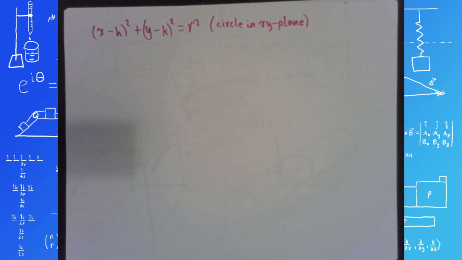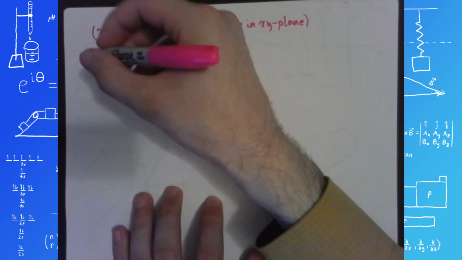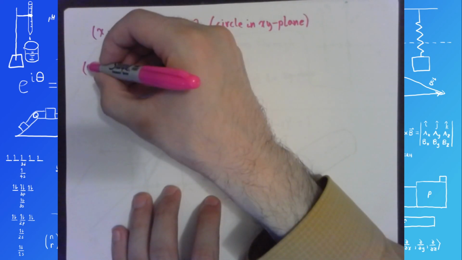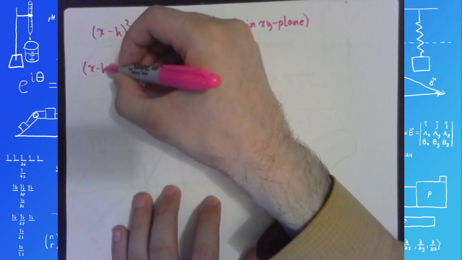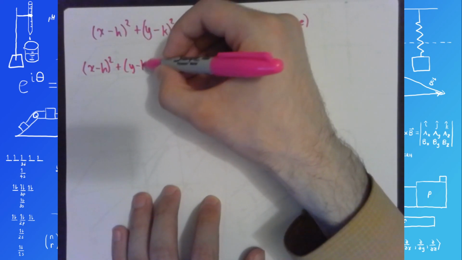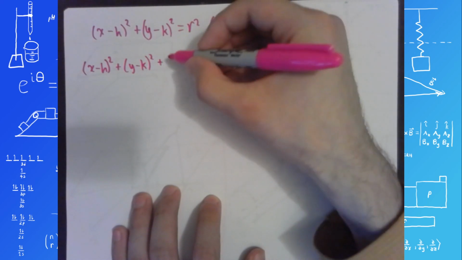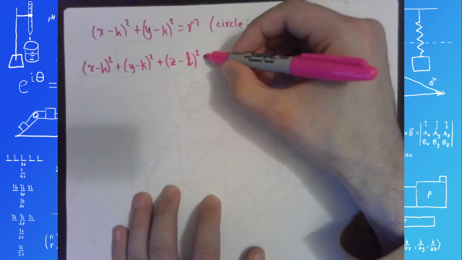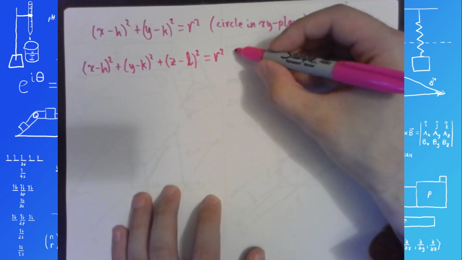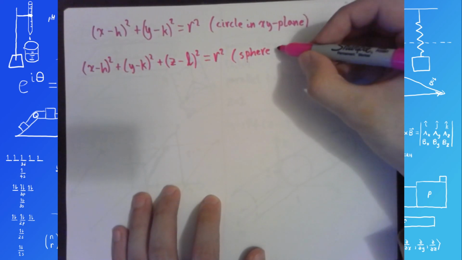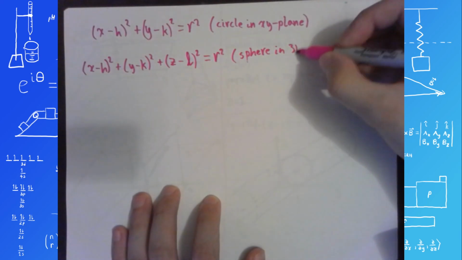Think back to how the Pythagorean theorem extends from 2 dimensions to 3. Following that same pattern, you would correctly guess that (x - h)^2 + (y - k)^2 + (z - l)^2 = r^2 is the equation of a sphere in 3D space.